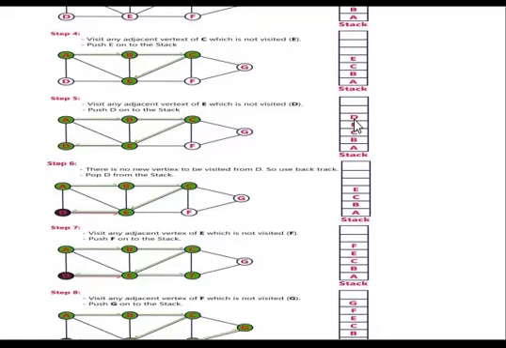From D, we look for adjacent vertices, and if there are none to visit, we backtrack, using the pop operation to remove D from the stack, and go back to E. Then we visit the unvisited adjacent vertex of E, which is F. So F is put into the stack.